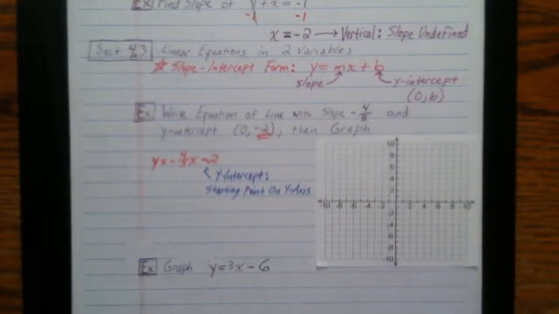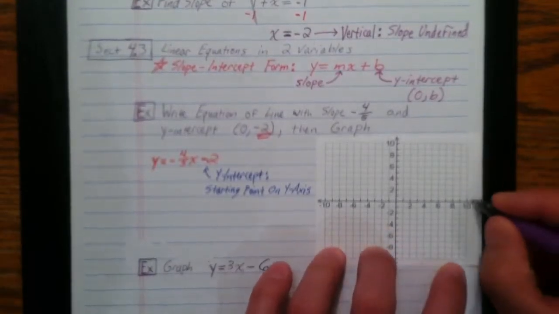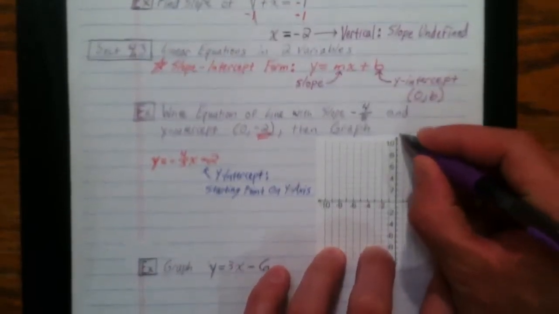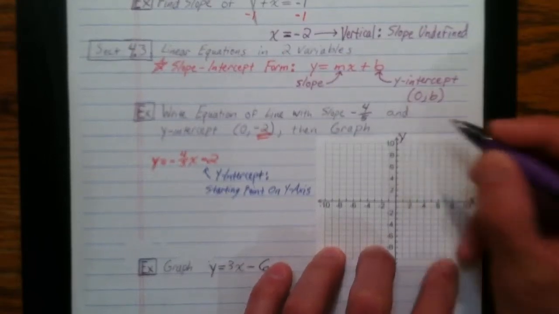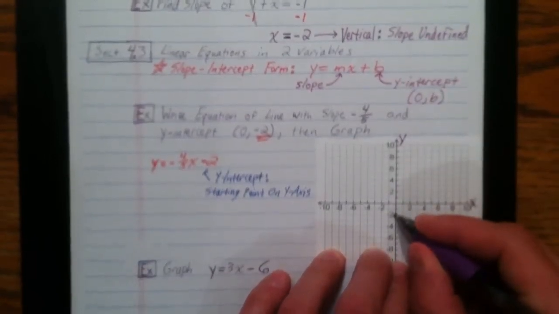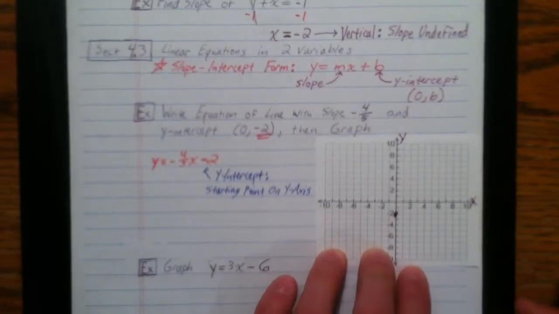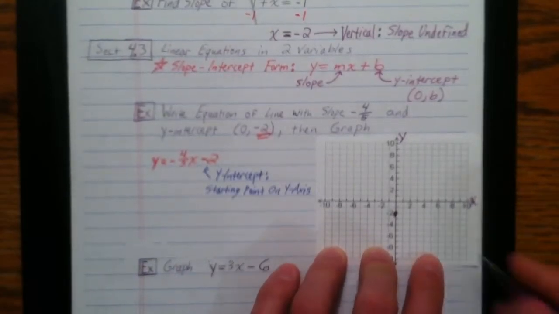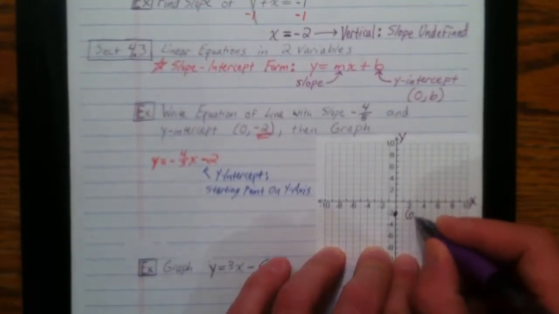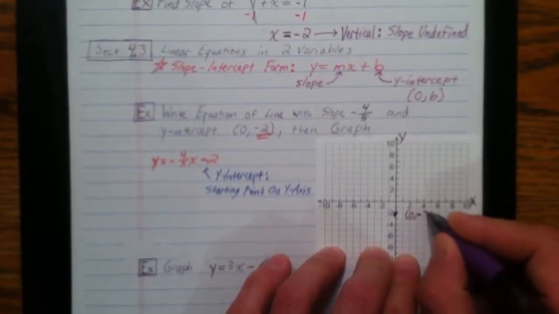So we can come down here to the point 0, -2, and recall this is our x-axis, this is our y-axis. So come down here to the point 0, -2 and plot our y-intercept. I'm also going to mark that point 0, -2.